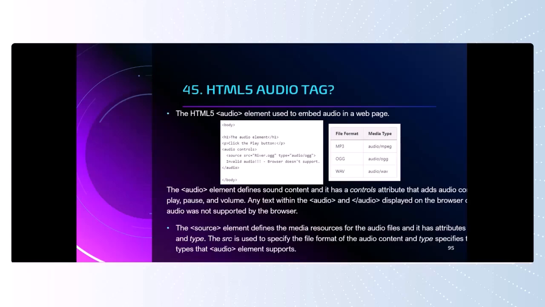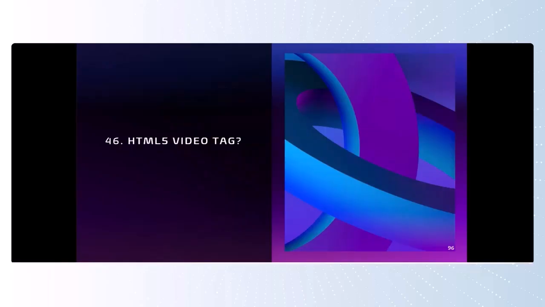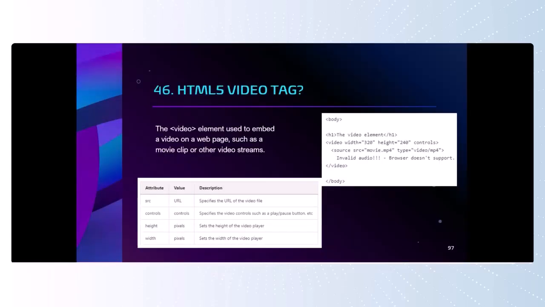The source element defines the media resources for the audio files, and it has src and type attributes. The src is used to specify the file format of the audio content, and the type specifies the audio type it supports. What is the HTML video tag? The video element is used to embed a video on a web page, such as a movie clip or other video stream.